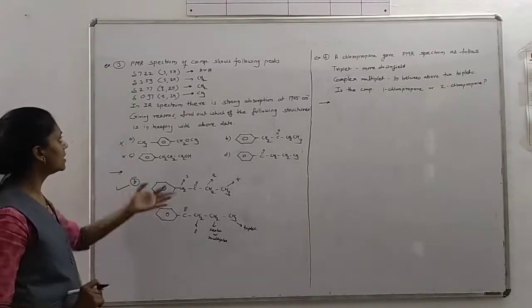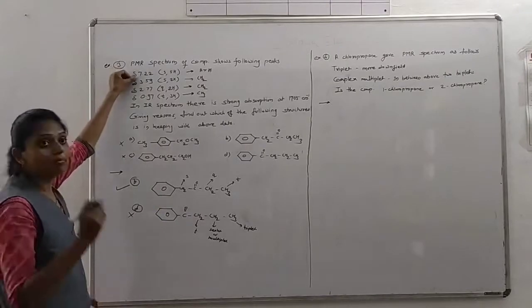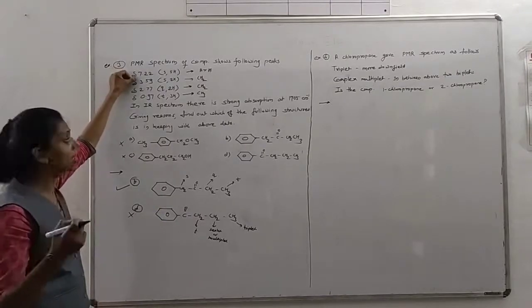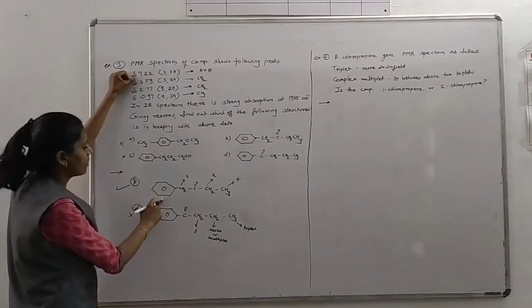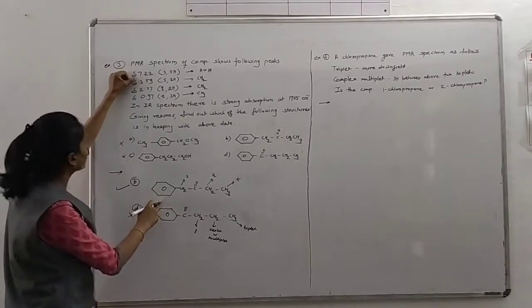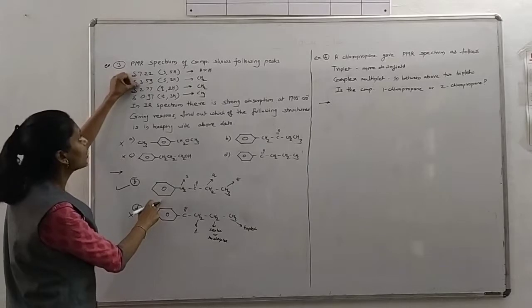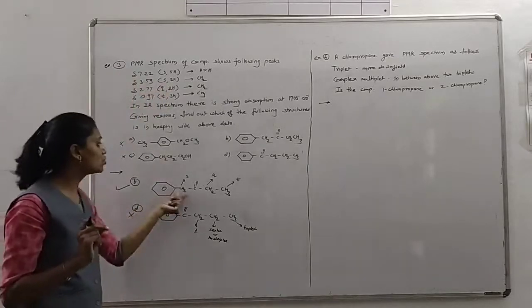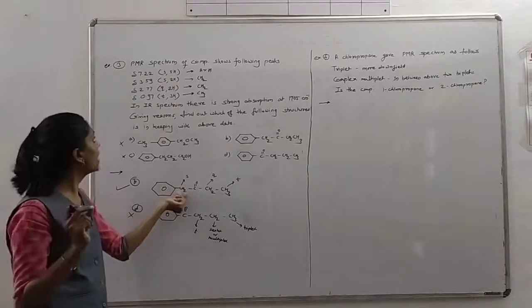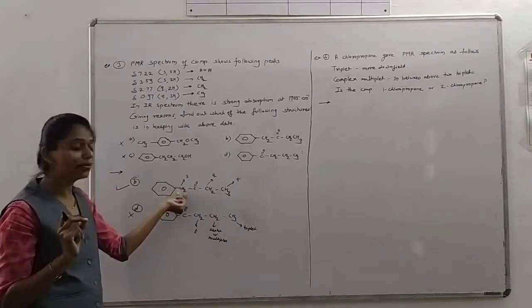Again, we confirm this structure by the chemical shift values. 7.22 for 5 protons is the aromatic region. 3.59 for 2 protons is a singlet. Why does this CH2 absorb at 3.59?